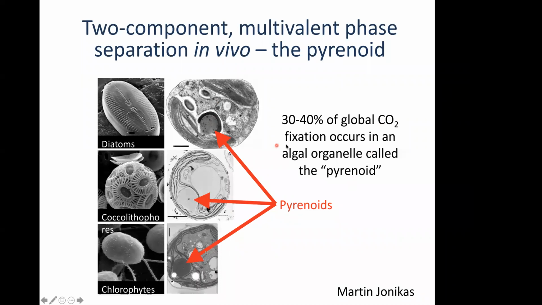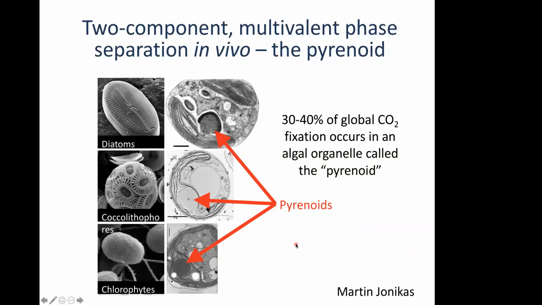By concentrating CO2 inside of this little organelle, they become more efficient at using the light from sunlight to make organic carbon. And it turns out that many of the plants that we rely on, like wheat, are not as clever. So they don't concentrate CO2 in this way, and they're less efficient doing photosynthesis.